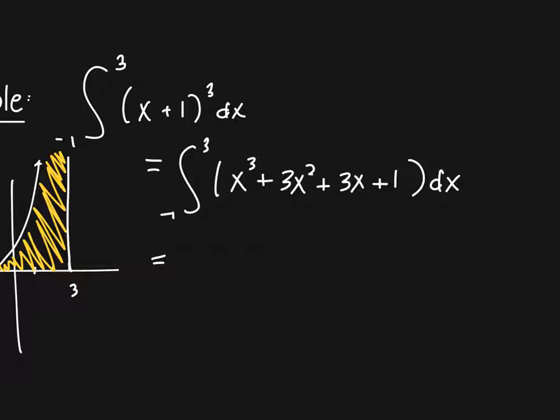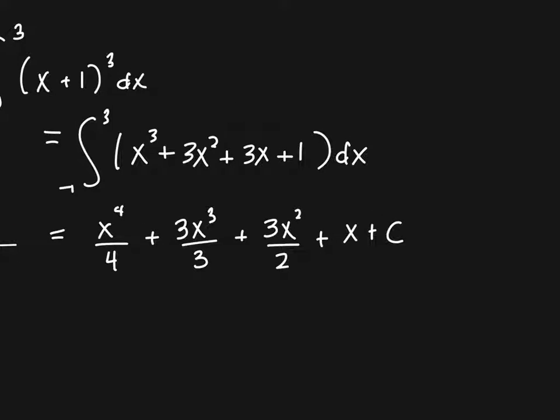So then you're ready for your calculus: x to the fourth divided by 4 plus 3x to the third divided by 3 plus 3x to the second divided by 2 plus x plus c, all evaluated from -1 to 3. And again, I've written my plus c at least once, and it's like, phew, I'm off the hook. I don't have to keep writing plus c again.